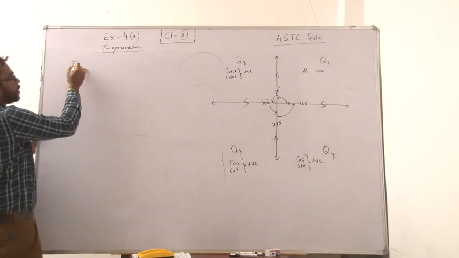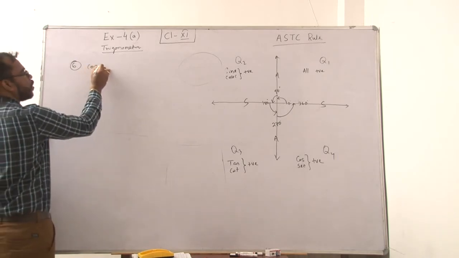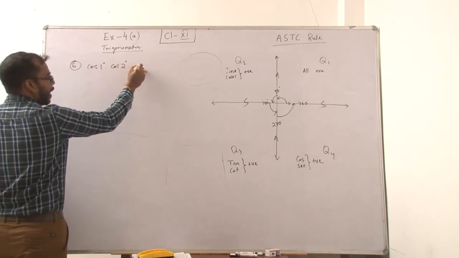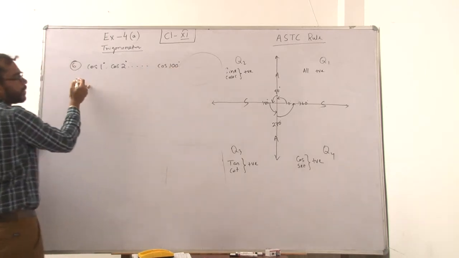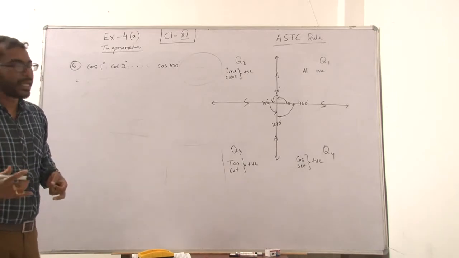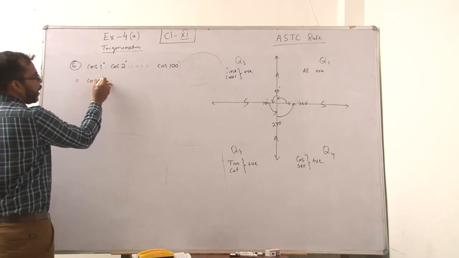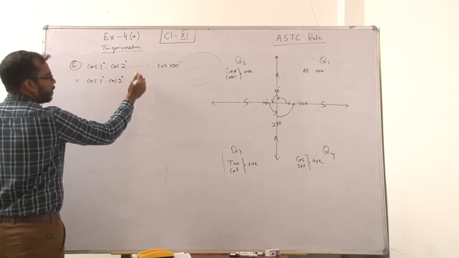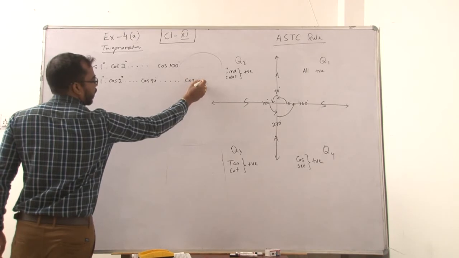And question number 6 is: find the value of cos 1 degree into cos 2 degree up to cos 100 degree. That means we have to evaluate cos 1 degree, cos 2 degree up to cos 100 degree. So you can write cos 1 degree, cos 2 degree up to, in the middle portion, cos 90 degree, up to cos 100 degree.